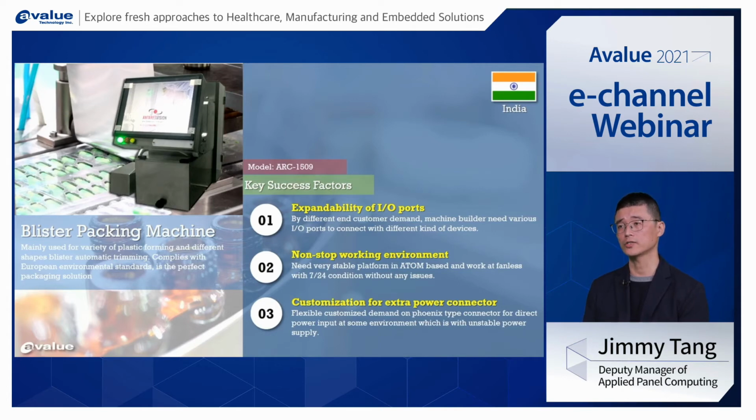So we customized the power connectors to make sure the power supply is very stable while their machine is working. In this case, in such an extreme country with very extreme environment requirements, our ARC series can easily handle this kind of environment.